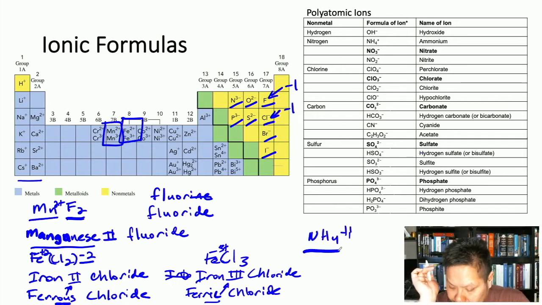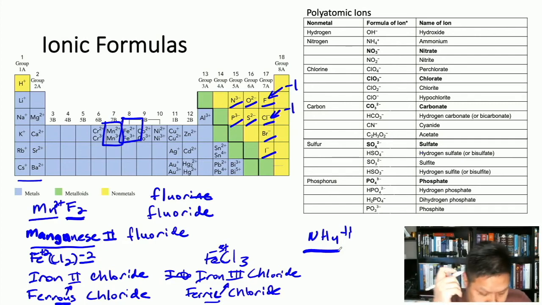So, things to remember about naming polyatomic ions, and they're usually anions because they're negatively charged, is that most of them will end in -ate.